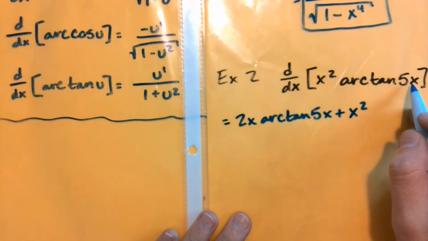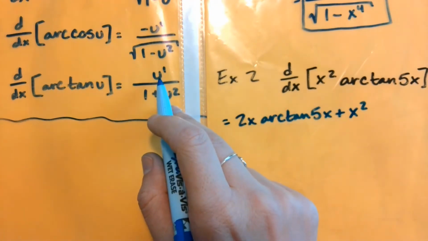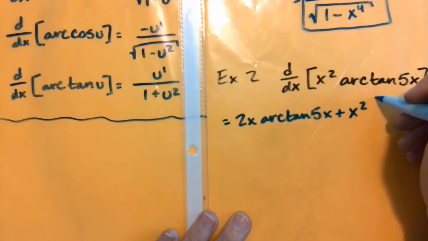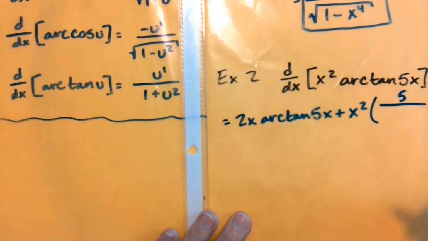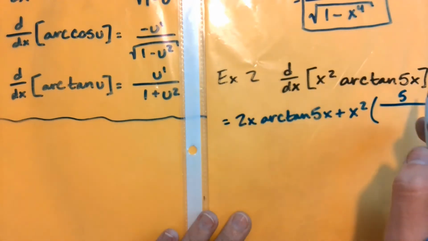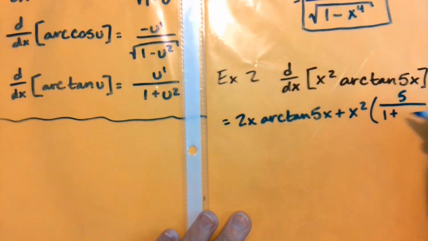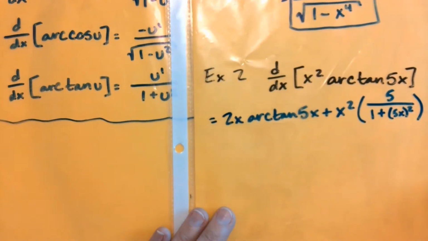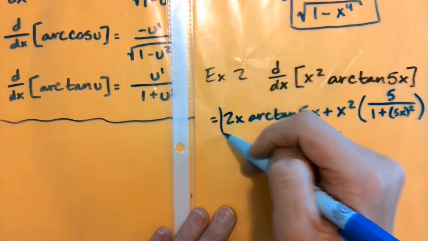So since my u is 5x, I'm just going to have my u prime, so 5, in the numerator. And then in the denominator, I've got 1 plus my 5x squared. Make sure that the whole thing is squared, so either put it in parentheses and say 5x all squared, or you could say 25x squared would be fine as well. But we're just going to leave it like that.